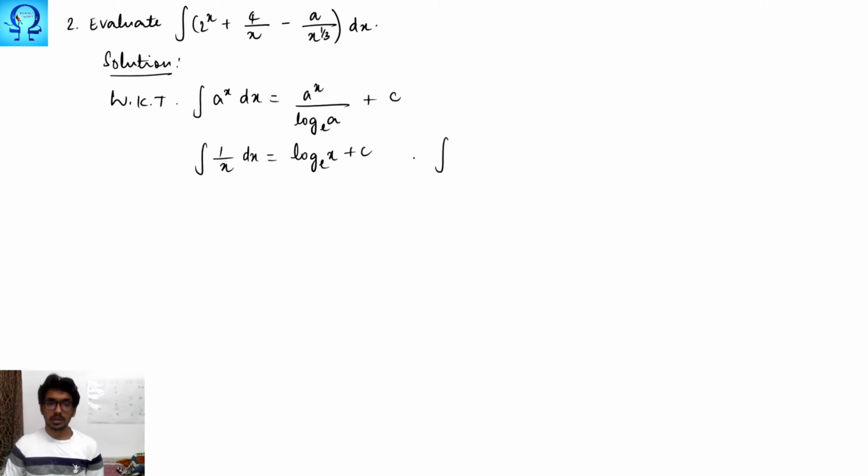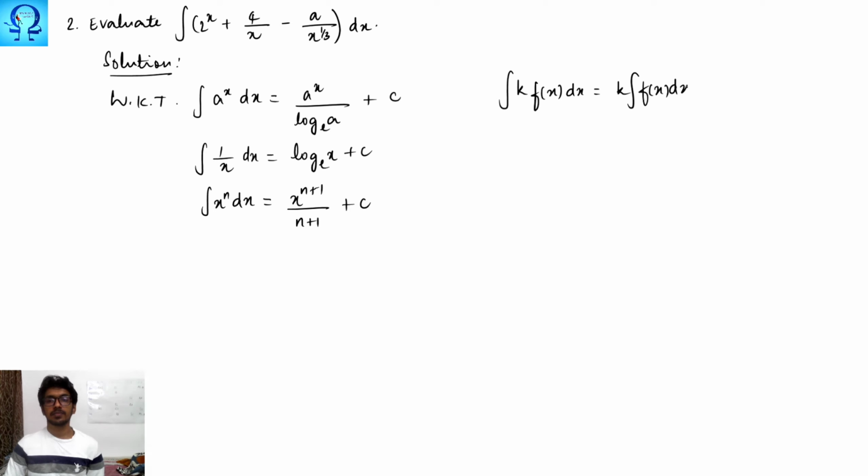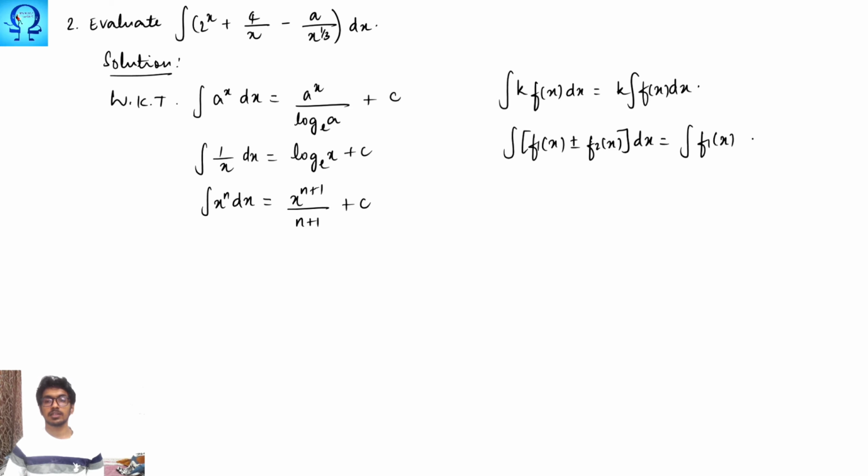Integral x power n dx is x power n plus 1 upon n plus 1 plus c, and integral of constant times f of x dx is constant times integral f of x dx. And integral of f1 of x plus or minus f2 of x dx is integral f1 of x dx plus or minus integral f2 of x dx. These are the things that we will make use of here.